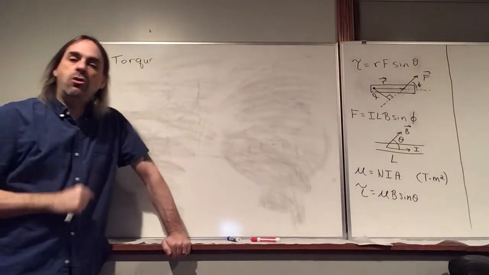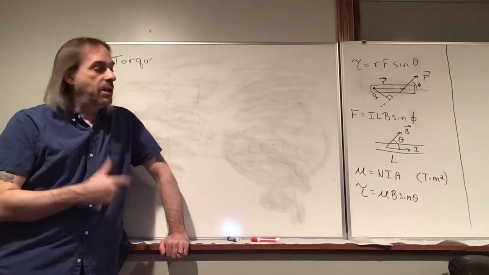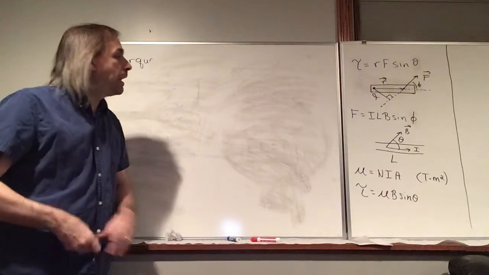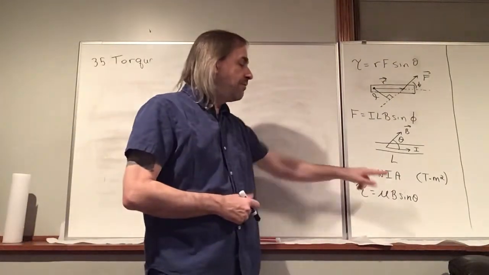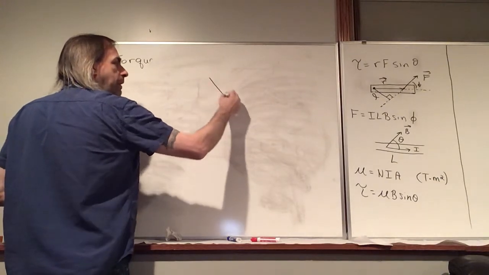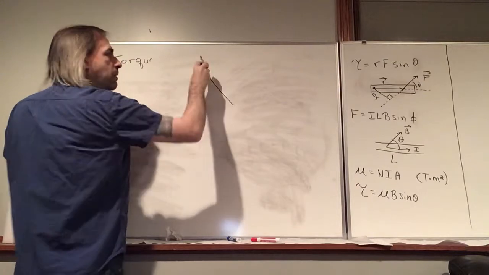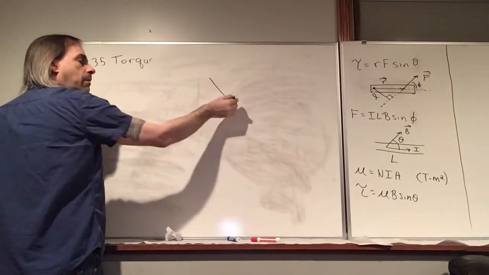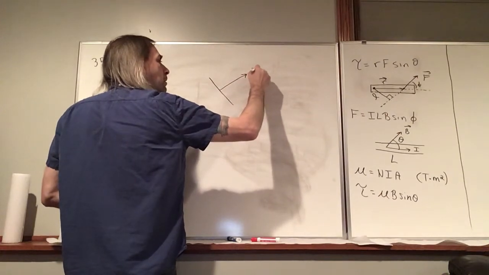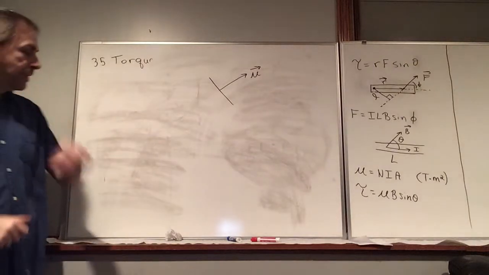So if we want to know the torque on a coil due to a magnetic field, we first have a magnetic moment, which is a vector that we have the magnitude given by this equation. And say we have a coil, I'll just draw it like this, so there's a current looping around. Let's say it's looping around this way. So the current's coming out here, going around this way, and that'll define the direction of the magnetic moment.